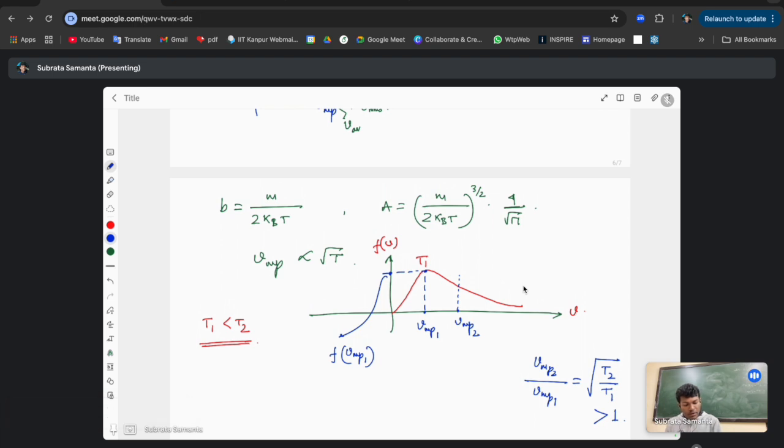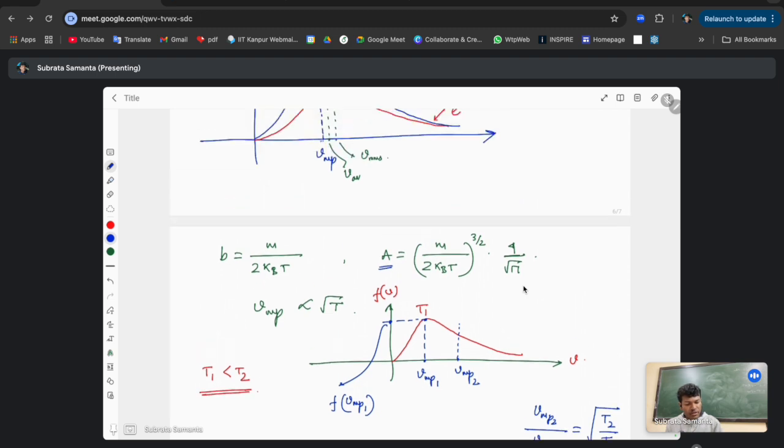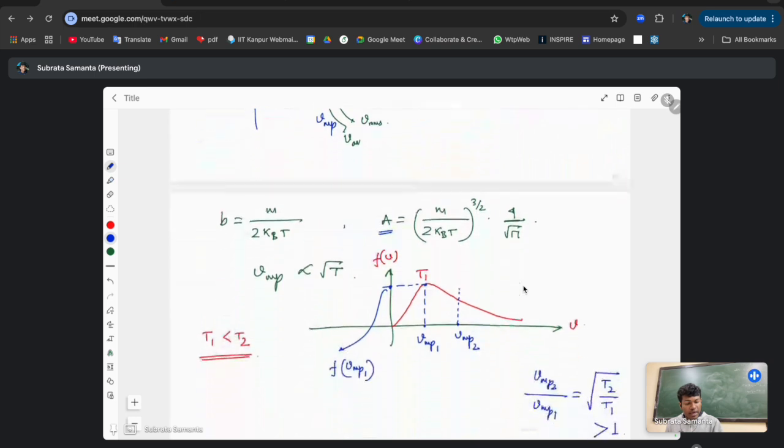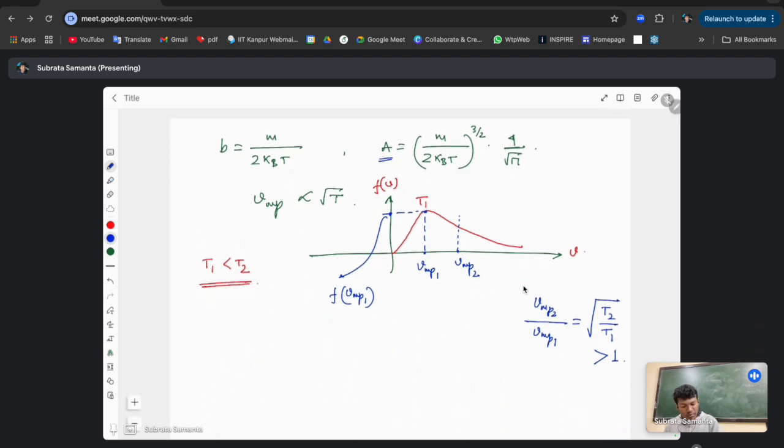Now f of v also contains A, because f of v is A times v square times e to the power minus b v square. Now A is proportional to 1 over T to the power 3 by 2. So your f of v is proportional to A, which is also proportional to 1 over T to the power 3 by 2, right?